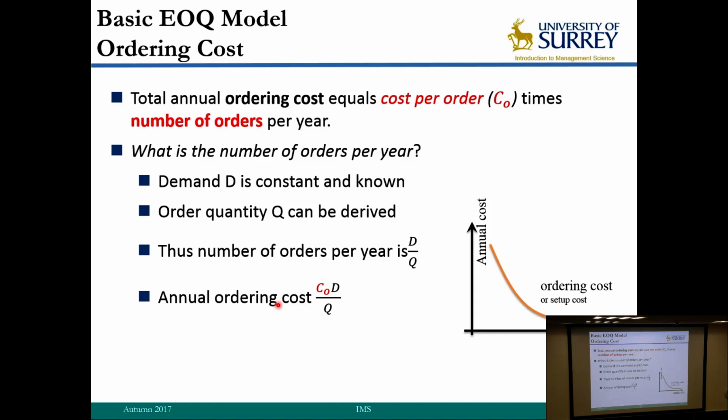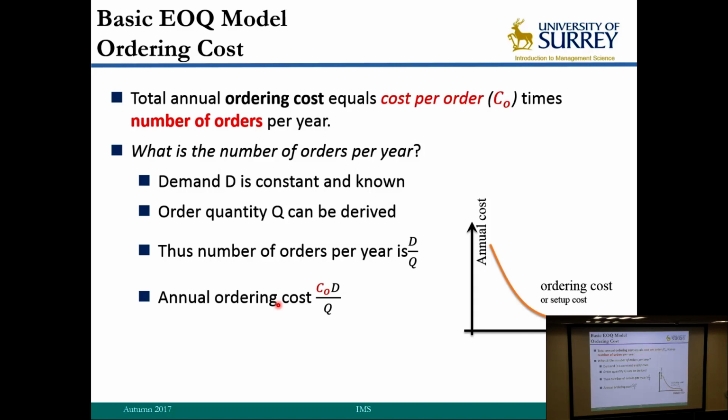So this is the cost per order, and this is the number of orders, D divided by Q. This represents a hyperbolic relationship. If CO, the ordering cost for every order, is a constant, and D is usually considered a constant that we assume we know, then this is basically a constant times 1 divided by Q. So the higher the order quantity is, the lower the total ordering cost is, but the smaller the quantity is, the higher the ordering cost is.